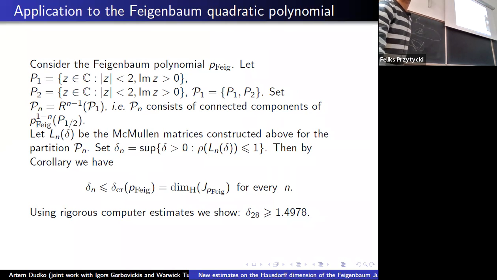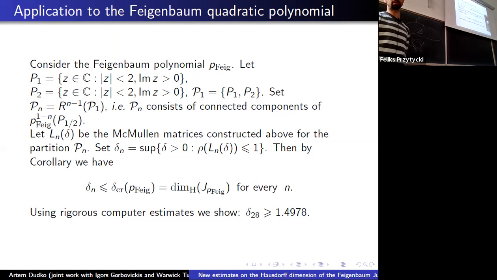For this, you don't really need renormalization to obtain the lower bound. What you need is some Markov partition whose pieces converge in diameter to 0 when you take pre-images, to obtain nice estimates.